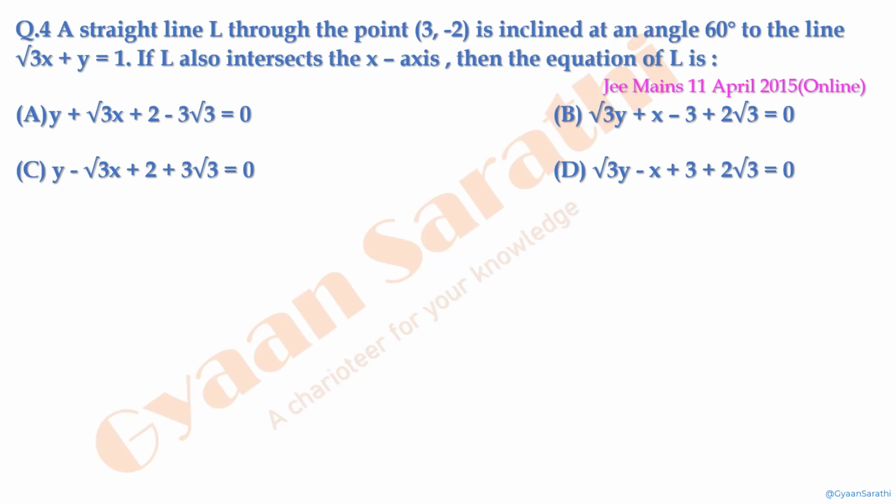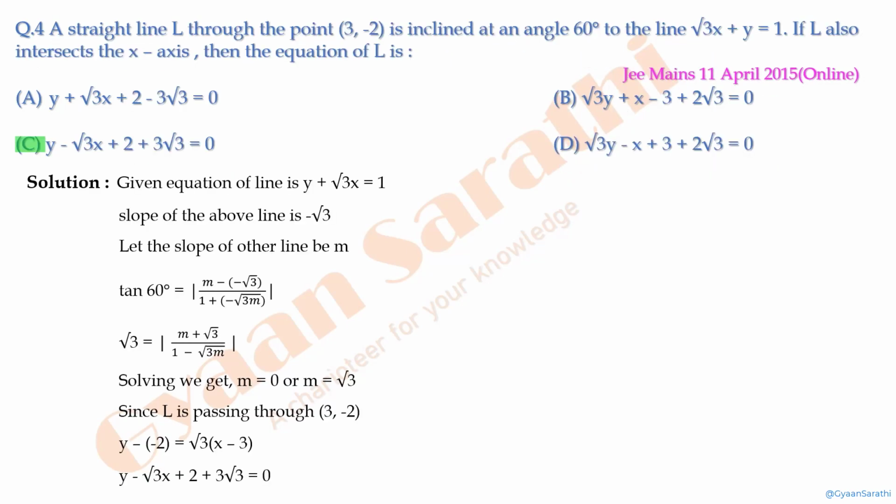If line L also intersects the x-axis, then the equation of L is option A, y plus 3 root 3x plus 2 minus 3 root 3 equal to 0, B 3 root 3y plus x minus 3 plus 2 root 3 equal to 0, C y minus root 3x plus 2 plus 3 root 3 equal to 0, and D root 3y minus x plus 3 plus 2 root 3 is equal to 0. Let us see the solution.